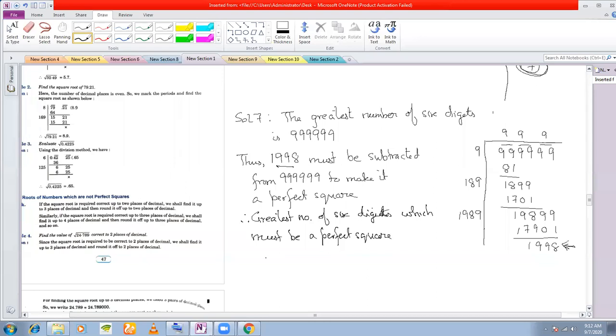We are subtracting 1998 from 999,999 to make it a perfect square. So whatever result you get after subtraction must be a perfect square, isn't it? So let's subtract and see.